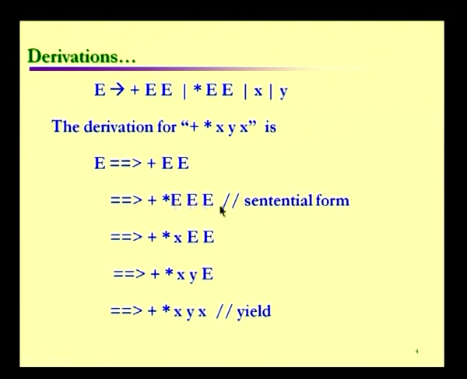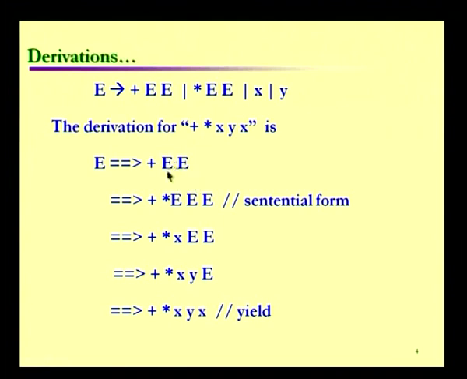These are called the sentential forms. Now, there is a point we have to remember: there are two E's available, and both are eligible for expansion.